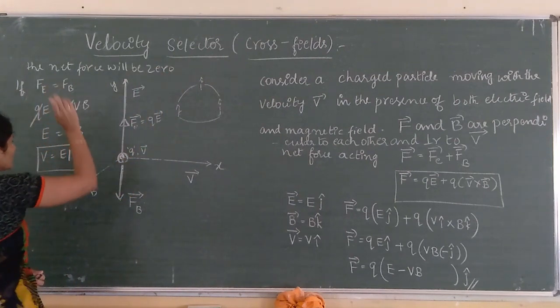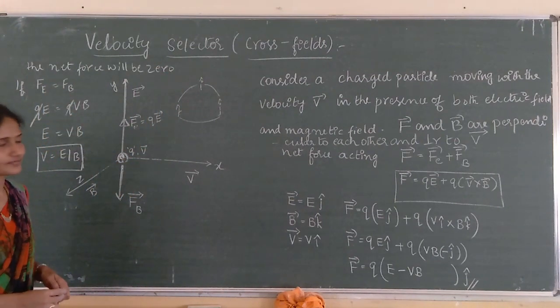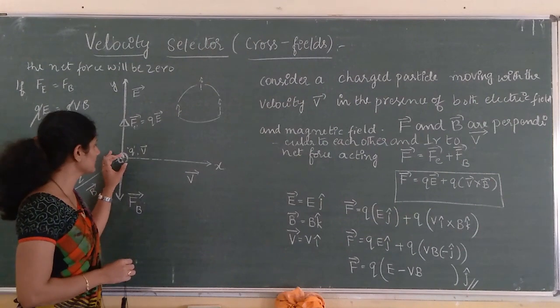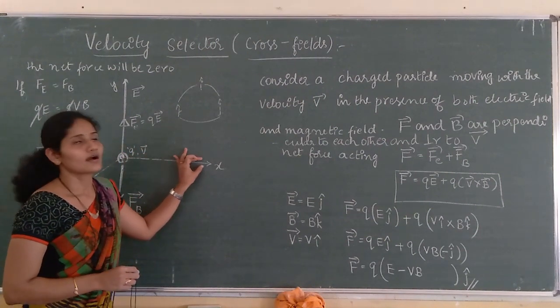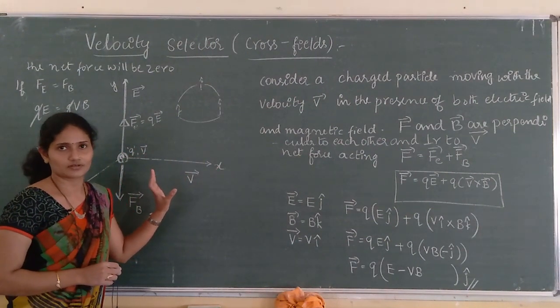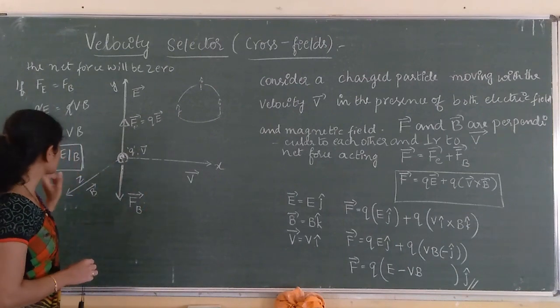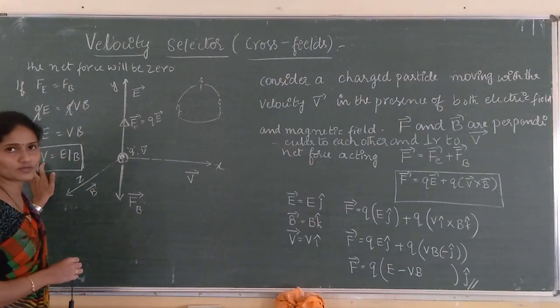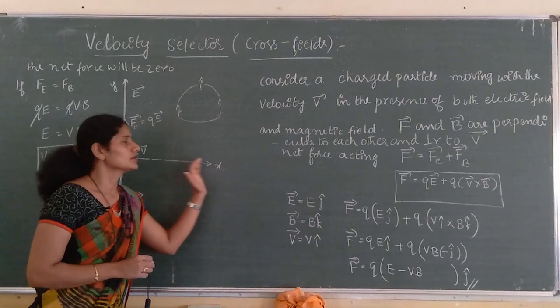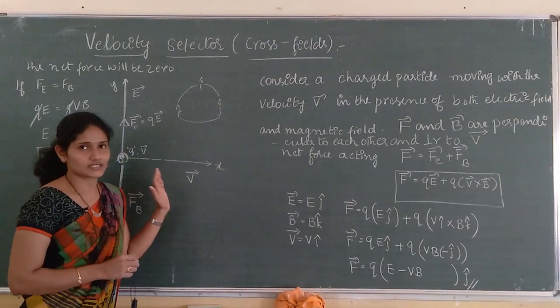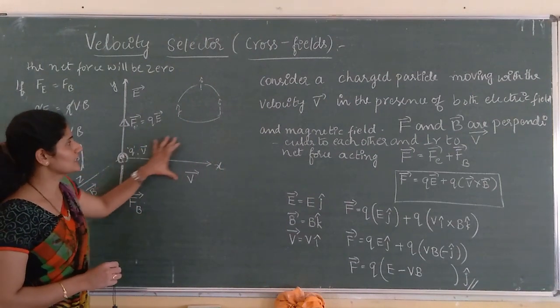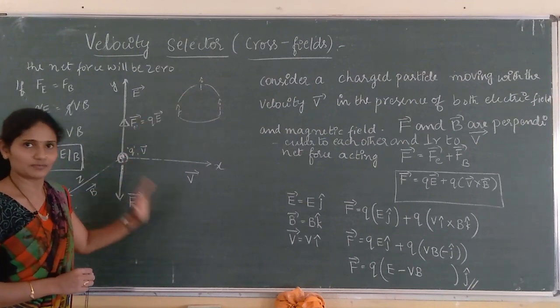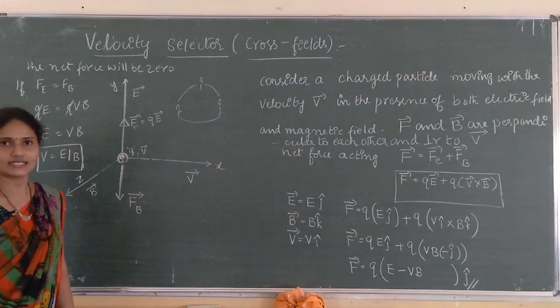Then the charged particle can move without any deflection. So, the charged particle which is having this much velocity can cross the field, all other charged particles will be deflected towards E and B. So, this is about velocity selector.